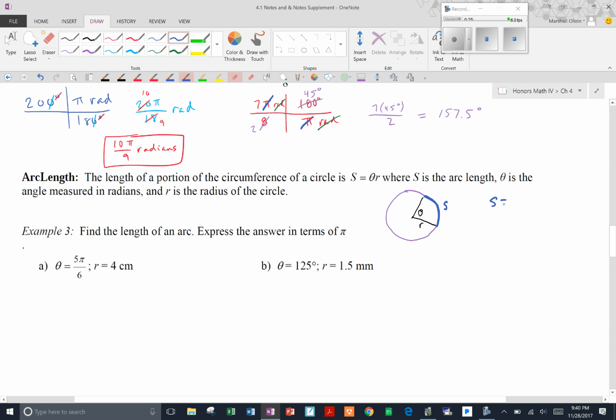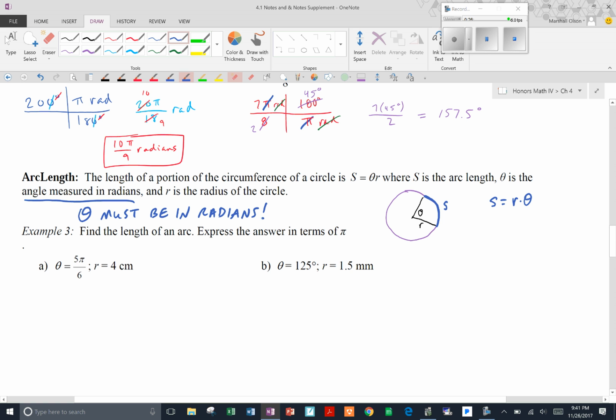Arc length is really easy to find. If you know the radius and if you know the central angle, you simply take the radius times the central angle. So why is this formula so simple? Well, it's so simple because theta must be in radians. That's one reason why we use radians, because it makes this formula and the area formula for that sector so much easier.